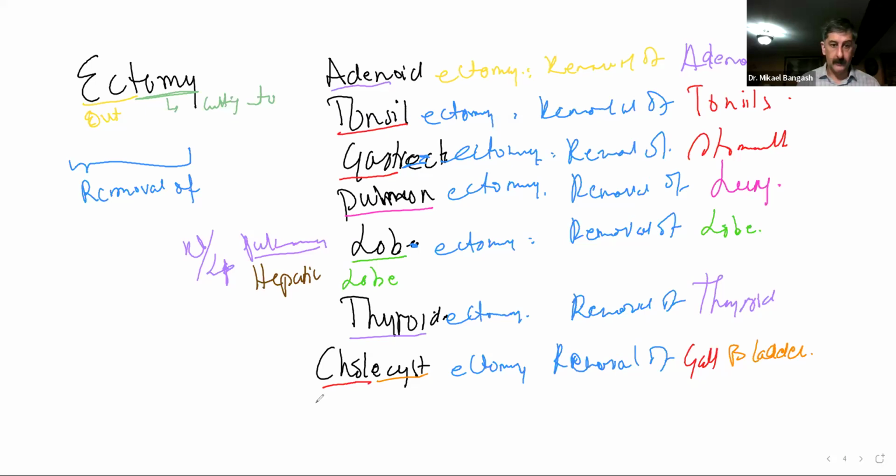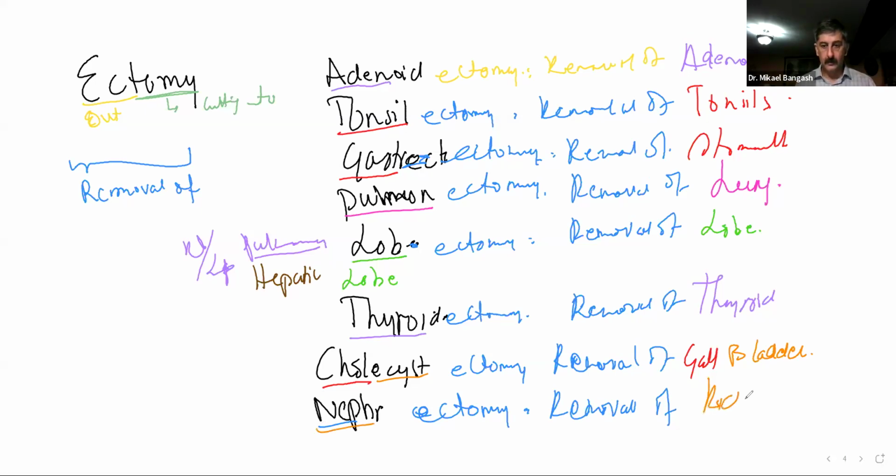We can go and say nephrectomy. That's removal of nephr, in this case, which is your kidney.